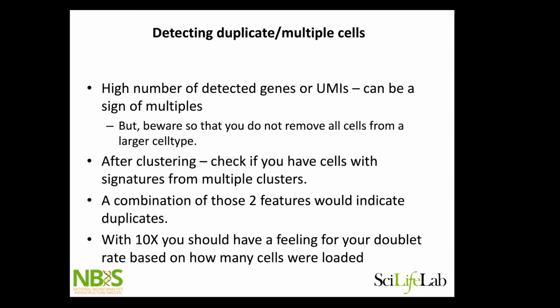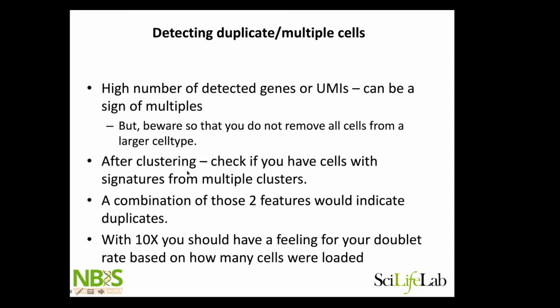That works really well if you're looking at only T cells, for instance, because they should all be about the same size, with about the same amount of genes, and then clear outliers with a high number of detected genes are most likely doublets. But if you have a heterogeneous tissue with a lot of different cells of different sizes, it will not work to just remove the high end of gene detection.